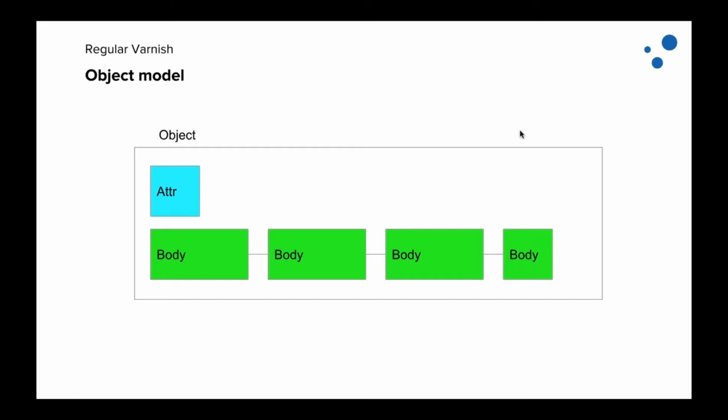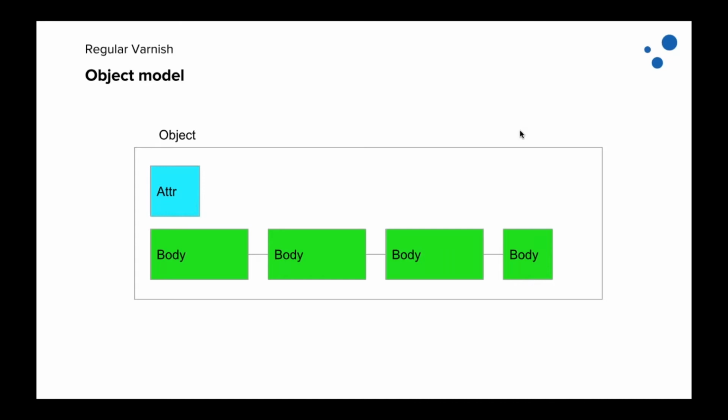And there's of course the body part that we can all relate to, the actual body bytes that are part of an object. It consists of a linked list of chunks of some size, and when doing object delivery, we just iterate over that chunk list, and all of this data then gets sent out of the network socket.